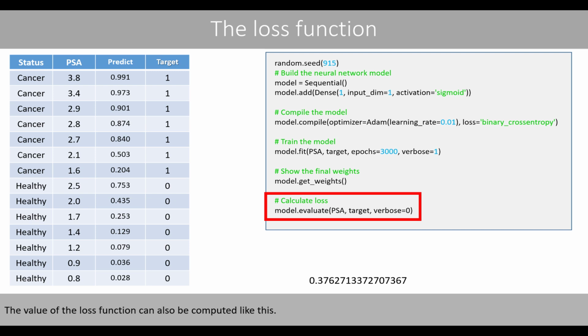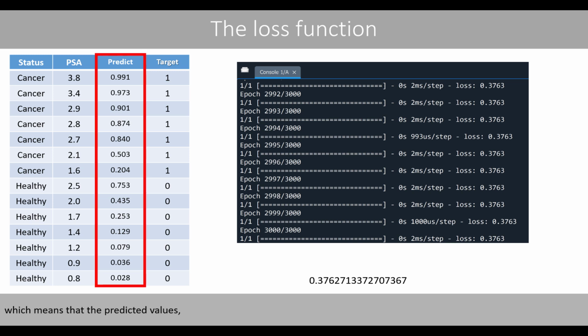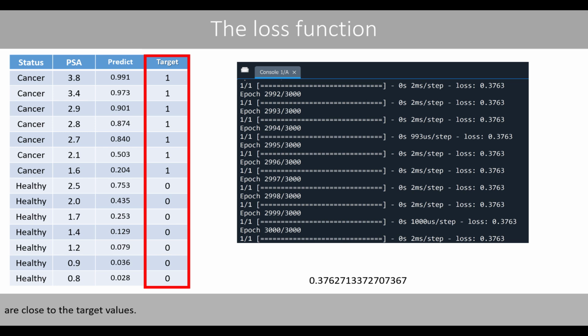The value of the loss function can also be computed like this. This value corresponds to the value we see on the screen at the end of the training process. The smaller this value is, the better the model fits the data, which means that the predicted values are close to the target values.